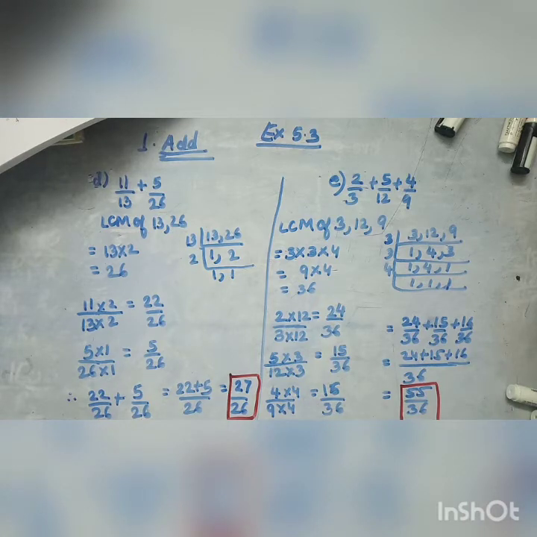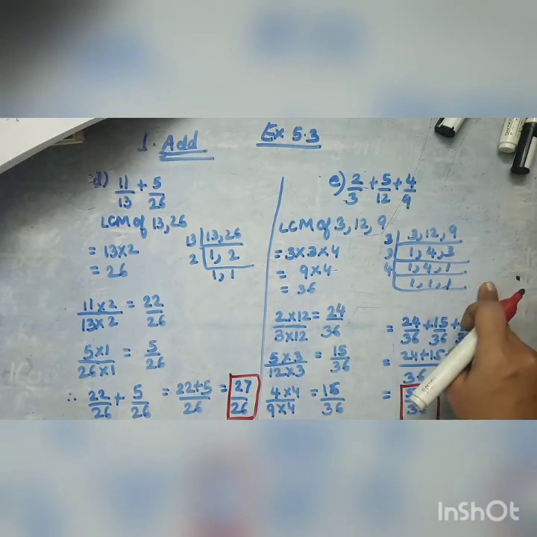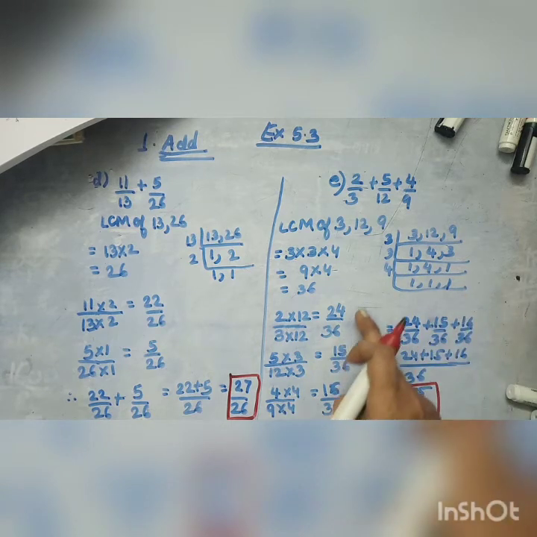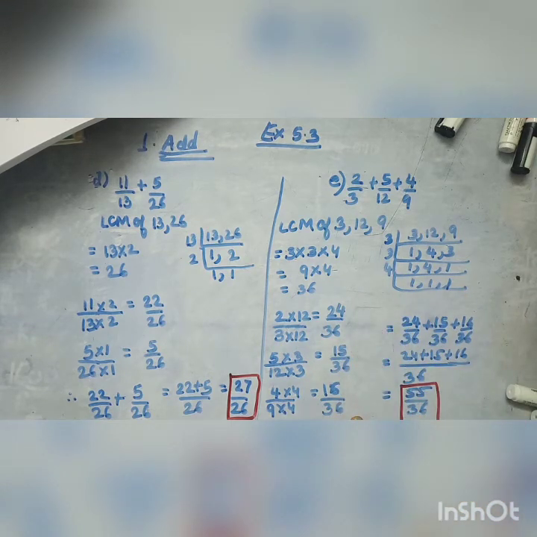Okay. सो आपको यहाँ एलसीएम दिखाई दे रहा है। एलसीएम के बाद हमने इसको लाइक टर्म्स में कन्वर्ट किया है, उसके बाद ये स्टेप, ठीक है। सो आंसर इज योर 55 by 36.